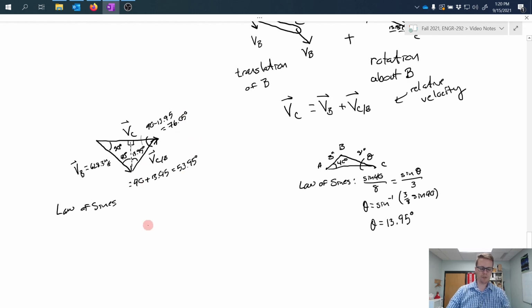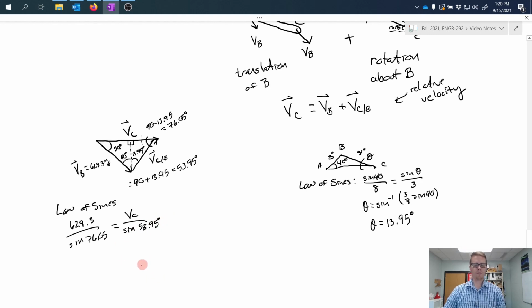All right, so using these two angles, I can again use the law of sines and say that 628.3 over the sine of the corresponding angle, 76, must be equal to the magnitude of the velocity of C divided by the sine of the corresponding angle, which is down here, 53.95.